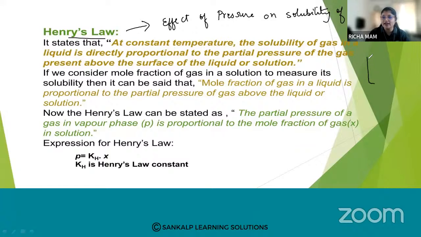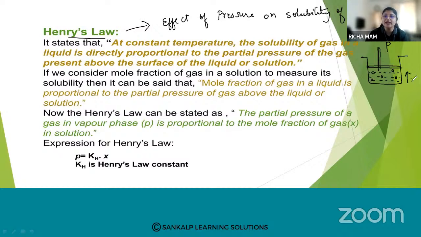Suppose I take a container and I take liquid in this, and the gas is nothing but your solute. I have added the gas, the solute, to your solvent, which is a liquid. Now I'll compress it. Compress means I'm putting pressure from above. So what will happen to the solubility?